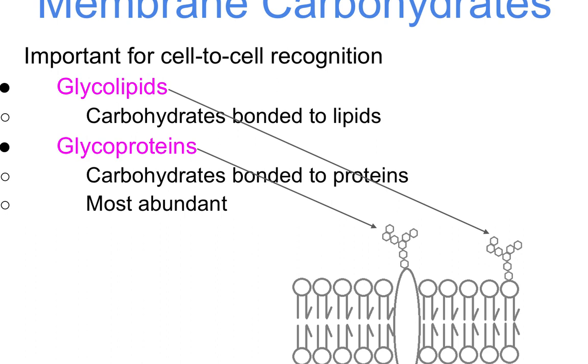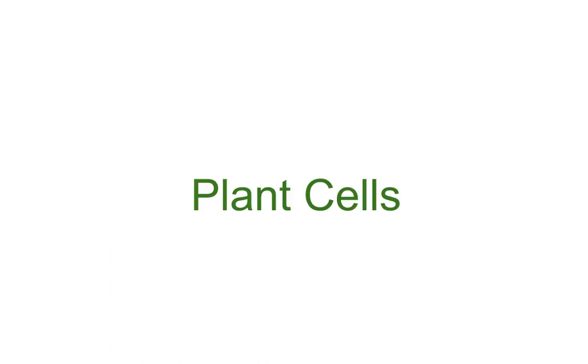It kind of works as a communication tower, if you will. It can also be in the form of a lipid. So when it's a carbohydrate that's bonded to the lipid portion of that phospholipid head, we call it a glycolipid. Those are not nearly as common. It's more common to have the proteins have these carbohydrates just hanging out, wanting to interact with other cells near it.